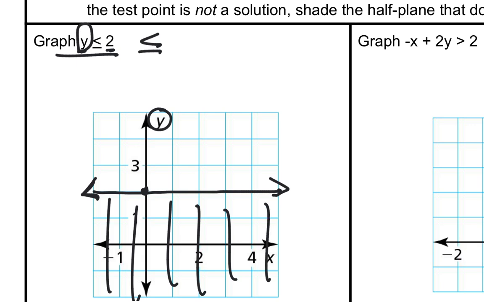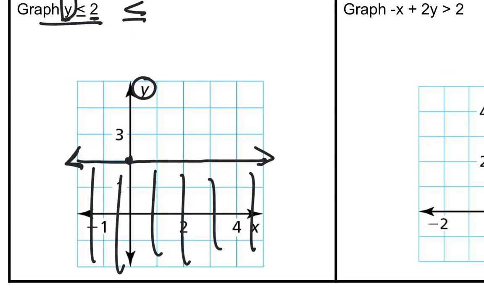Okay, now we can test that, and we'll get what's called a test point. And I always like to use the point 0, 0, as long as it's not on the line. Okay, if it's on the line, I use something else. But you can use the test point 0, 0 and plug it into your equation. So is 0 less than or equal to 2?